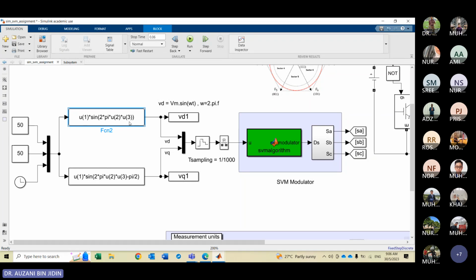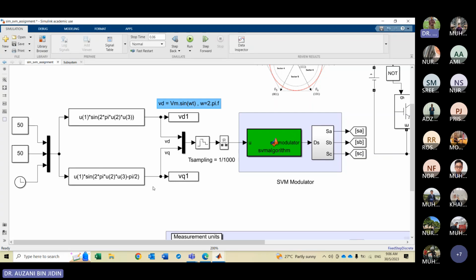So means to generate the VD signal, we need to apply this equation where VD is Vm multiplied by sine omega t. Clear? So you kena take note the term in the bracket must be in radian. It's not in degree.